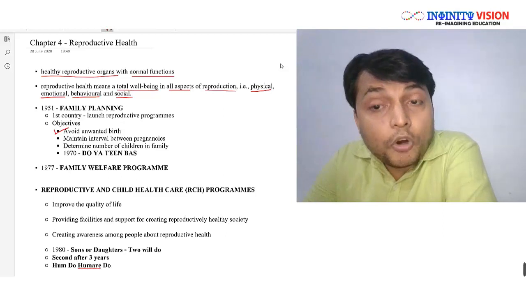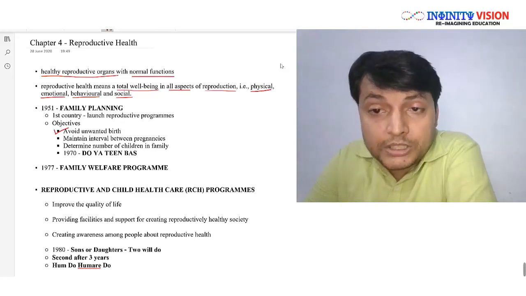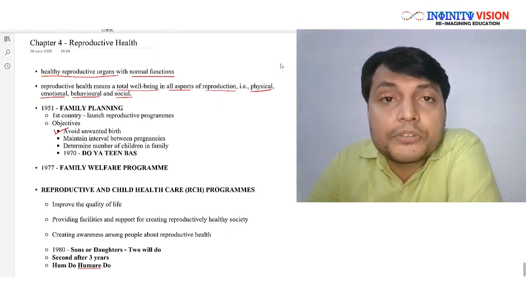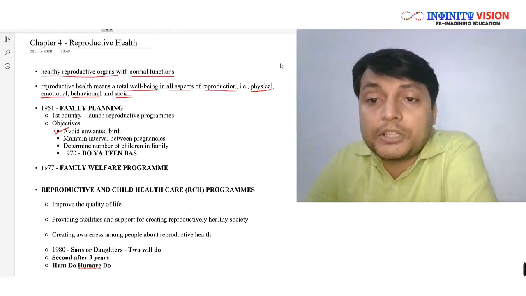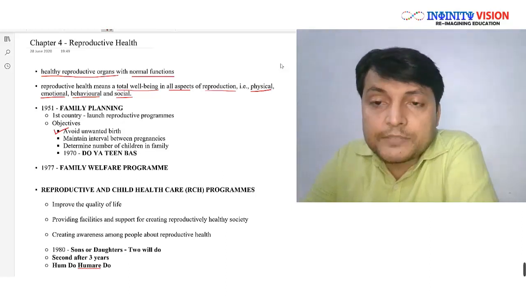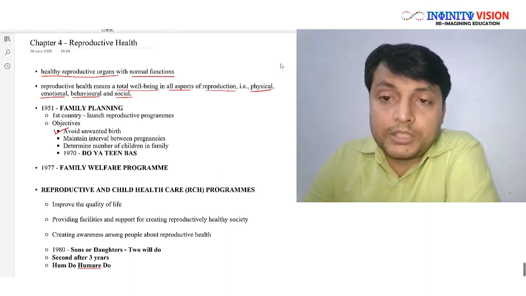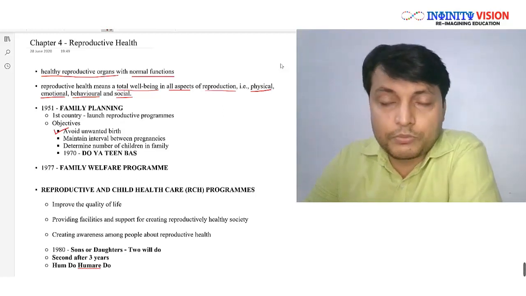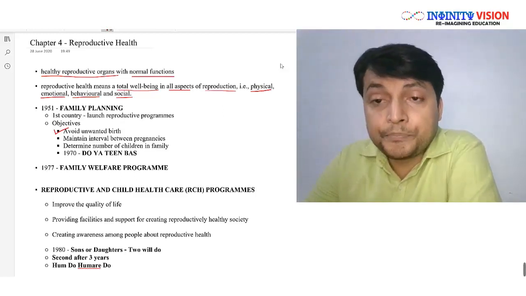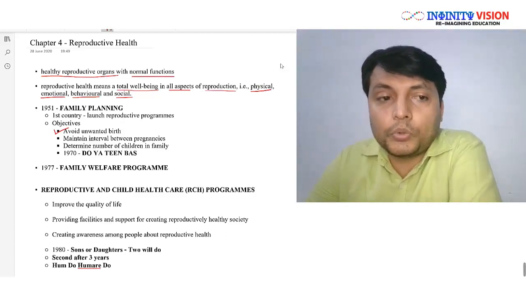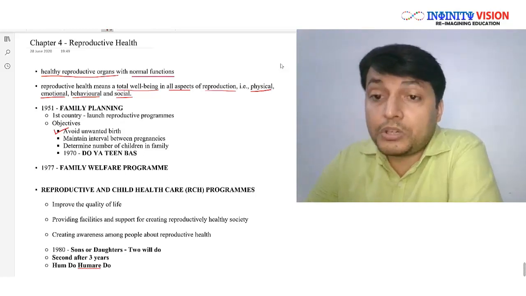Now, in order to educate people, in order to keep a check on the size of the family, there were slogans from the government such as "Do ya teen bus." This was in 1970. The government gave this slogan, matlab either you have 2 or 3 children, not more than that.